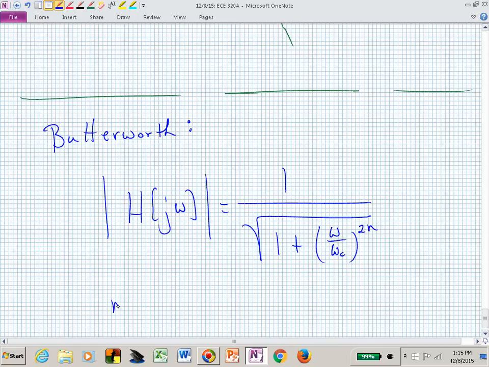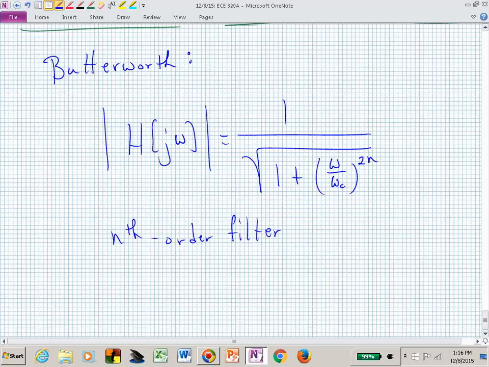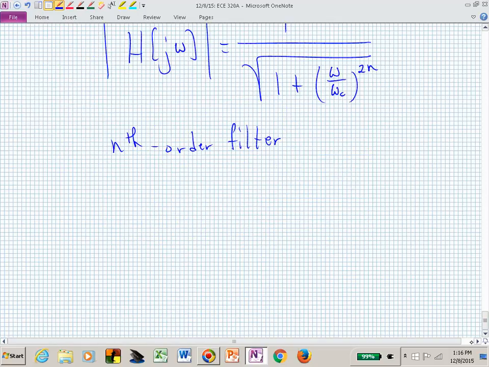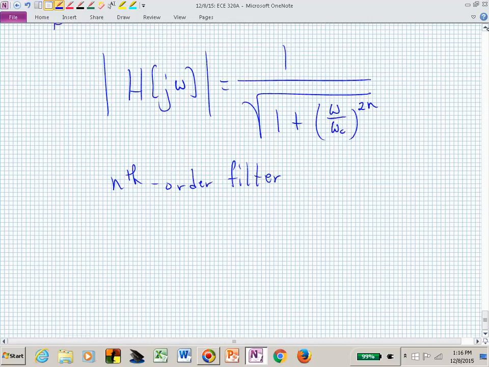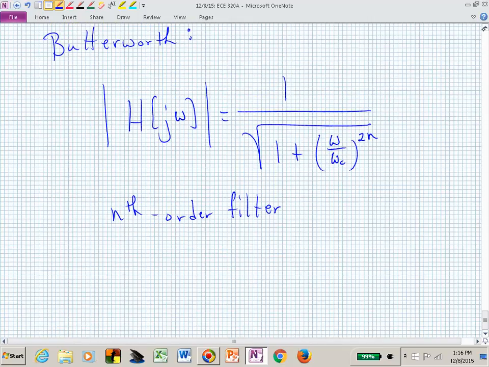And this is for an nth order filter. That's the magnitude of our transfer function.